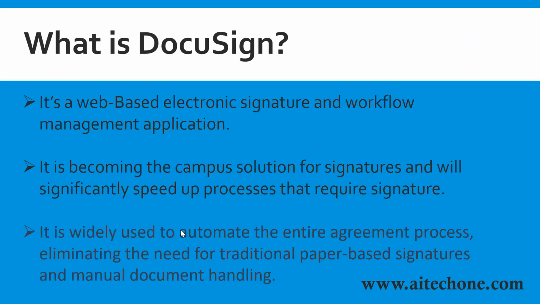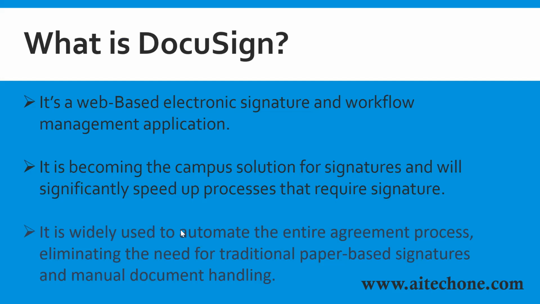So DocuSign is basically a web-based electronic signature documentation, and it's a popular electronic signature and digital transaction management platform, and it allows individuals and businesses to sign, send, and manage documents securely and efficiently in a digital format.